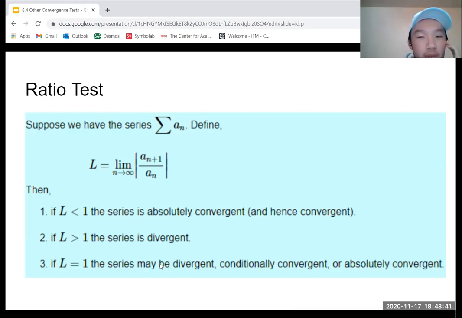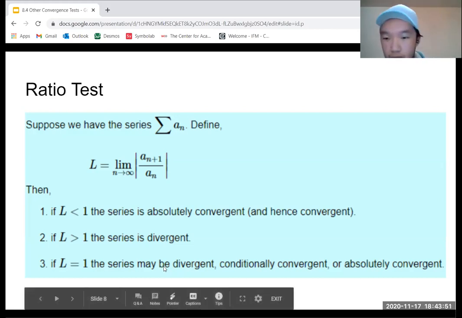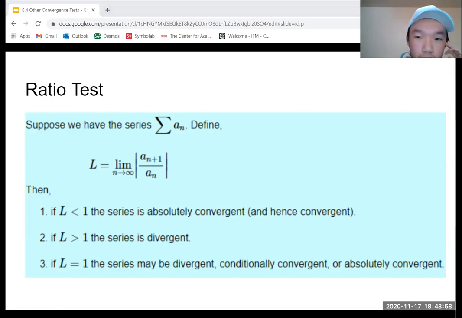What does that say about your series? Well, according to the test, it is divergent, but that's not what I'm asking.